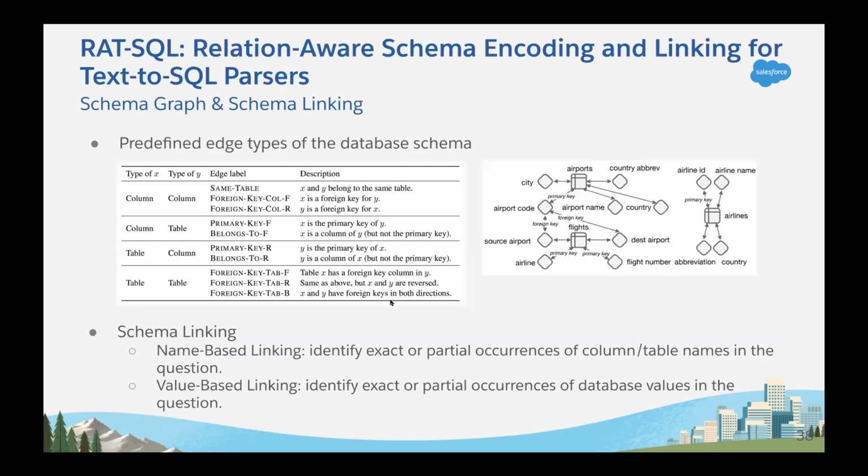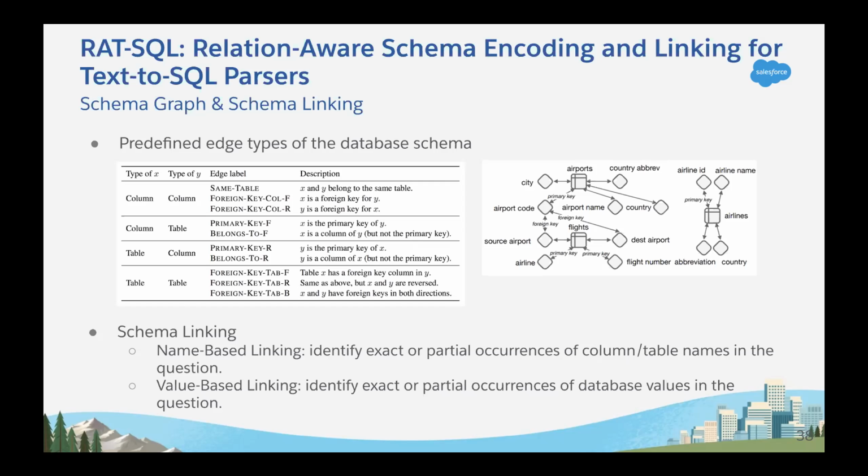First, they defined two different types of relations. The first type is the relations in a database schema. They define some edge types between column and table, column and column, and table and table. So for example, if the column X is a primary key of table Y, then this column and this table have a primary key edge type.